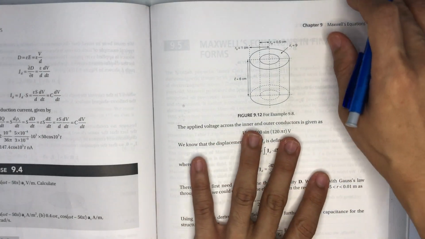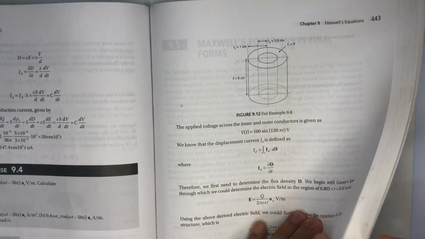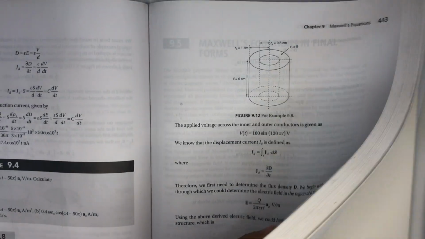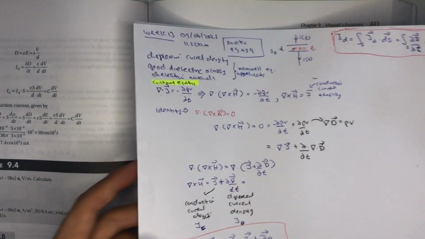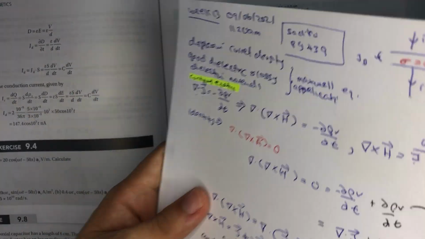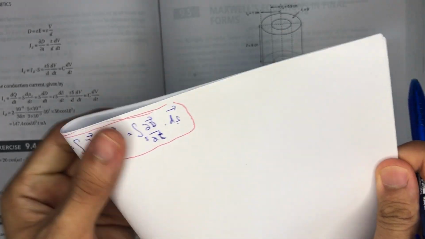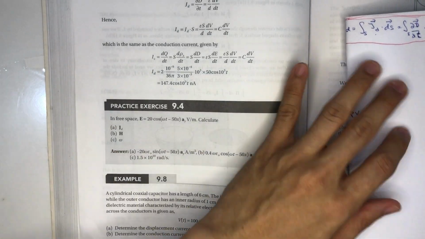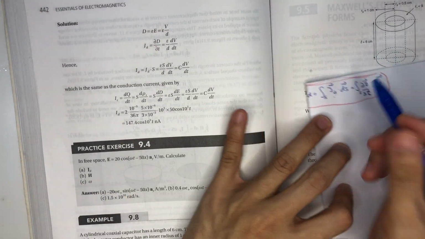So without further ado, I hope that I will not have memory problems. That's why I am a bit fast in giving the lecture. Now we try one of the exercises, which is practice exercise 9.4.